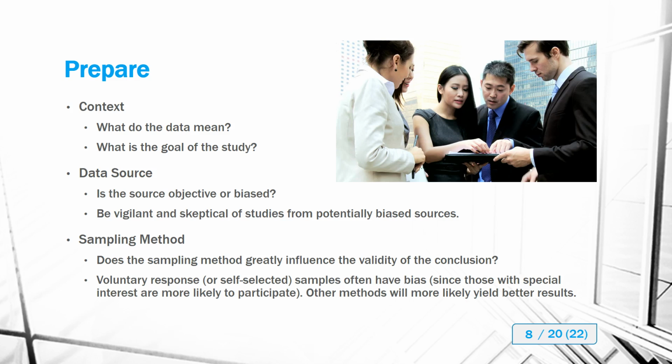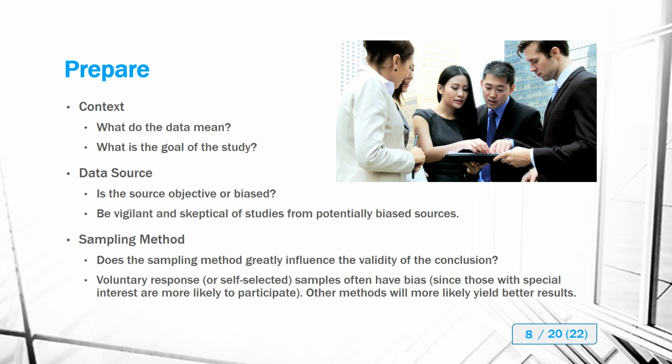We'll talk about that more in a future lecture. And then, of course, sampling method. I hinted at this previously, but it's really important to look at how you are getting your data. Not only where it comes from, but how you're collecting it. Does your sampling method influence the validity of your conclusion? Well, it might.